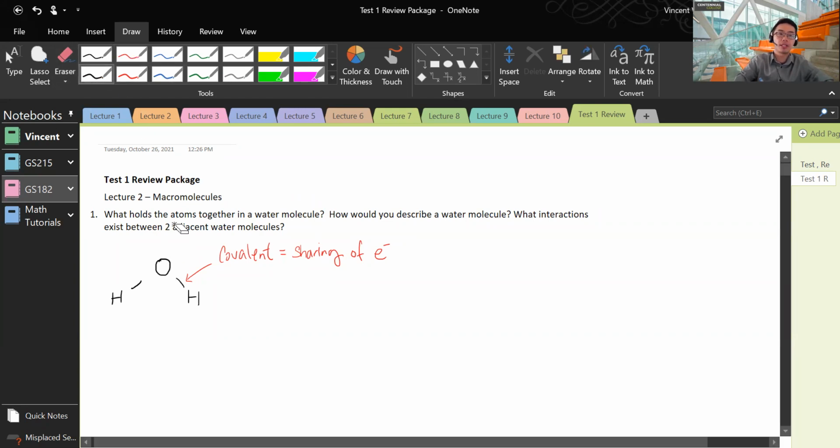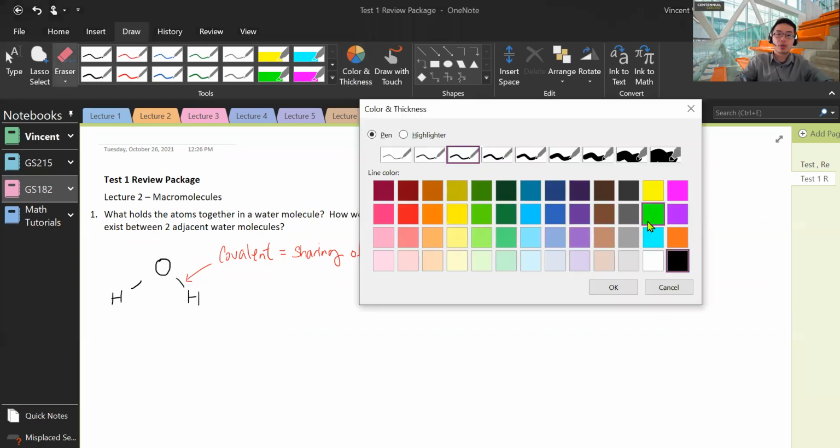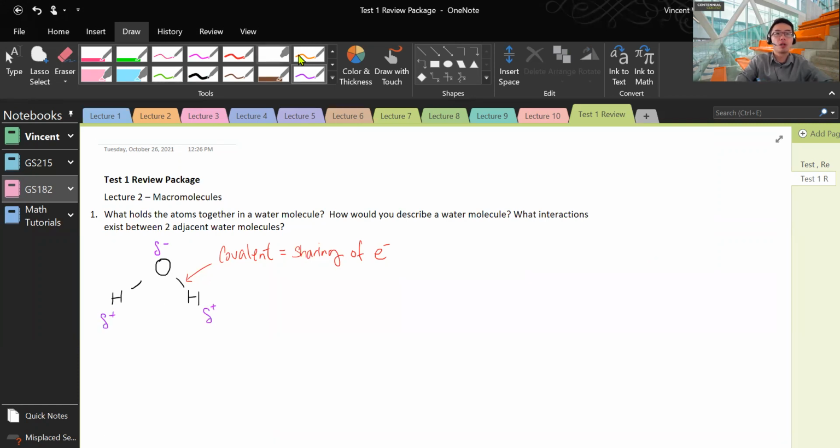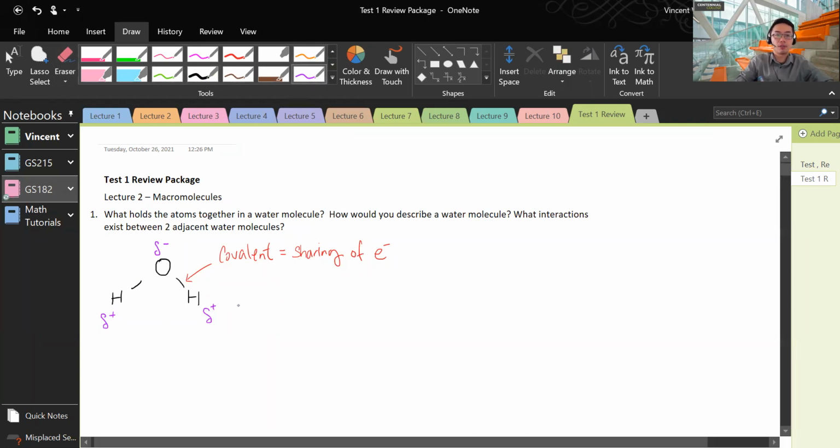Okay, for that reason, the oxygen is going to end up being slightly negative. Okay, and the hydrogens will be slightly positive. Right? So overall, there is an uneven distribution of electrons in the molecule.